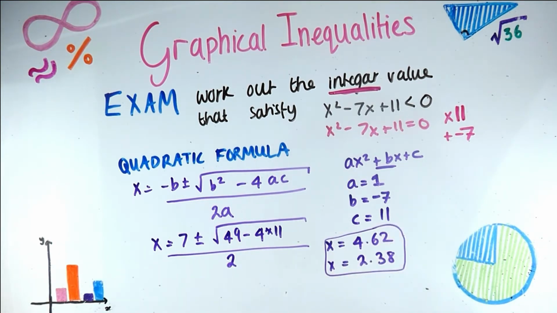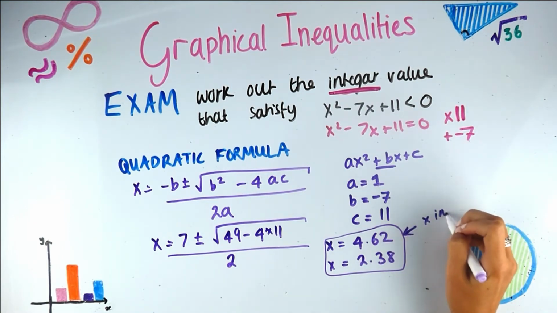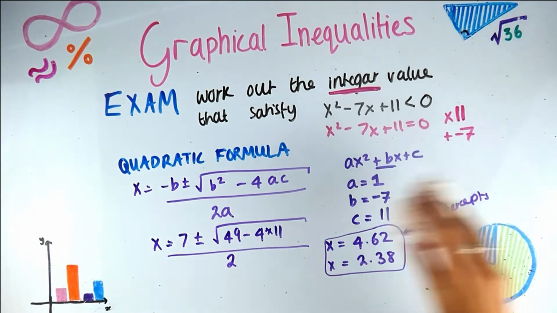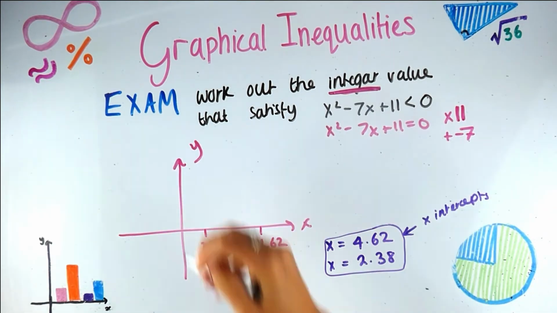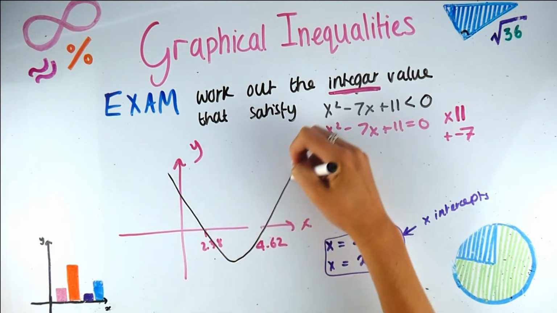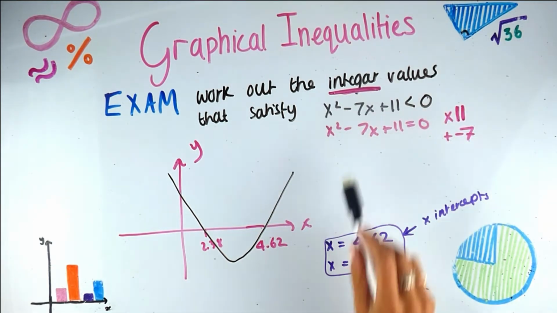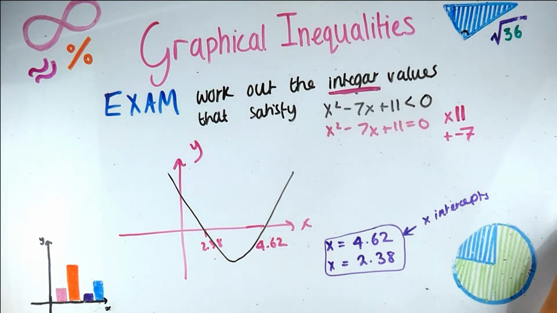So if I now sketch that on a graph, having these as my x-intercepts, instead of nice whole numbers, I'm going to have to make some room. So I've just sketched this graph here, whilst rubbing a bit out. But these are my x-intercepts. It's saying work out the integer values, I should have said values, that satisfy that this expression is less than 0.